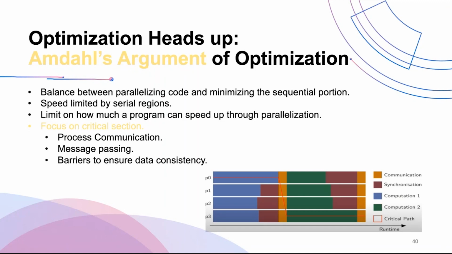So P2 will complete first, then P1, and P3 will complete after that. But to complete the whole code flow, they will be waiting on P0. There is a time where they will complete their tasks, but they will be waiting for process P0 to complete its work before the code flow can be completed.